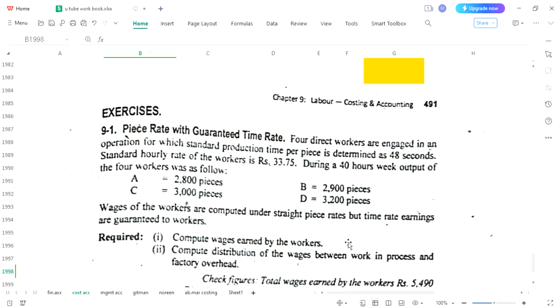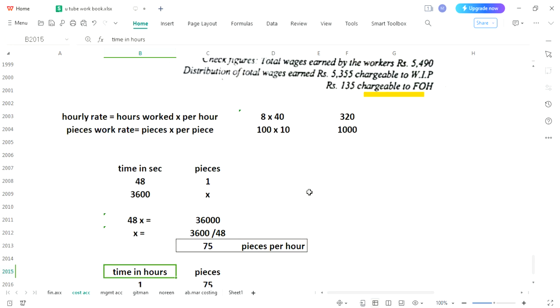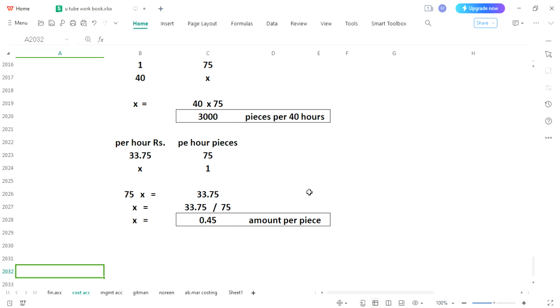Let's go back and you can see there are four workers A, B, C, D. So what you will do here, you will write your workers and then their wage.